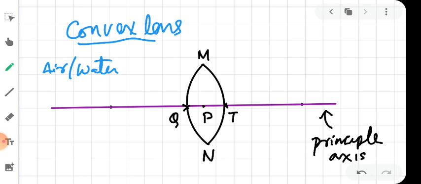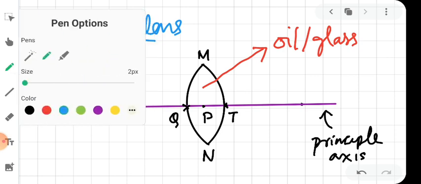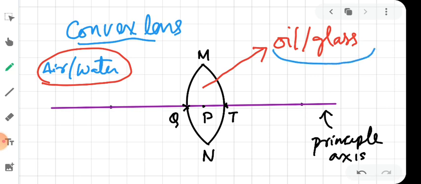It should be transparent. That's the only criterion. And inside it can be oil, glass, or any other material. That's just to cause a difference in refractive index.